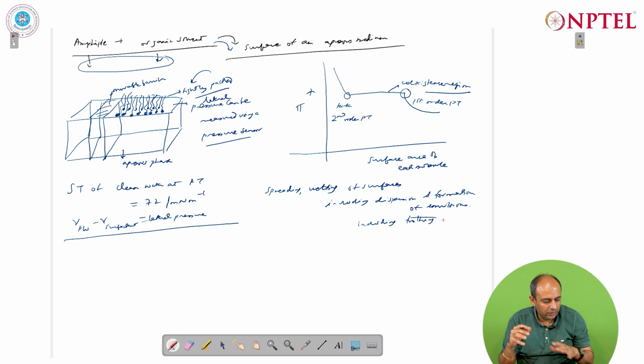And the way in which these surfactant structures organize themselves in the liquid state can also change. They can exist in different kinds of ordered structures.